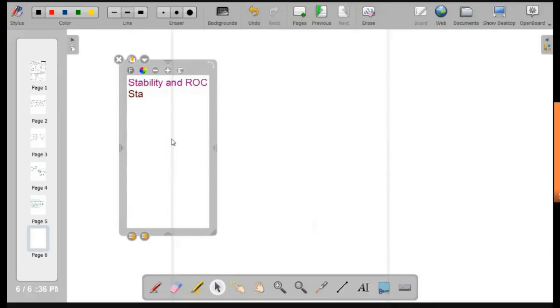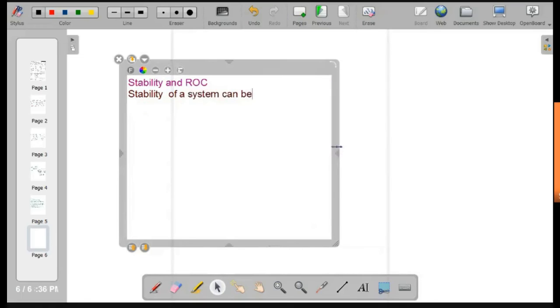Whether a system is stable or not, the stability of a system can be decided using the ROC. This is very, very important.